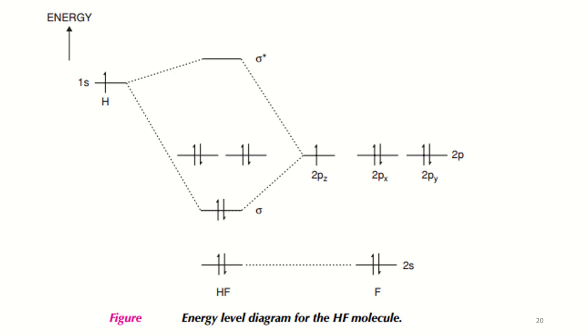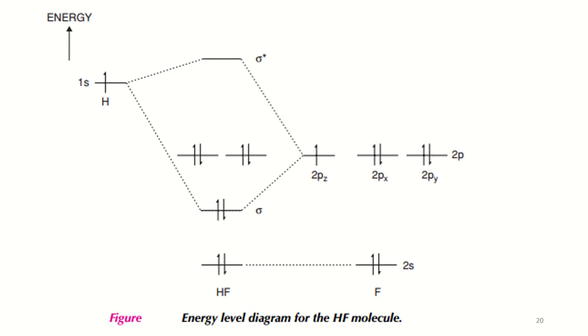Fluorine is a much more electronegative element than hydrogen, and so the bonding electrons are strongly attracted towards fluorine, giving a partial negative charge on fluorine and an associated partial positive charge on hydrogen.